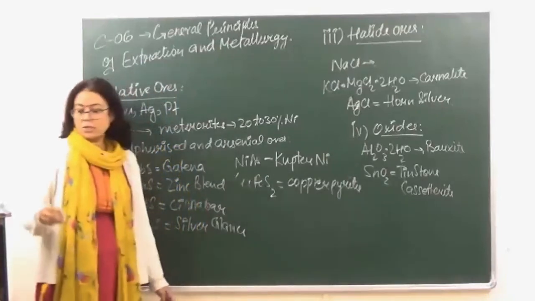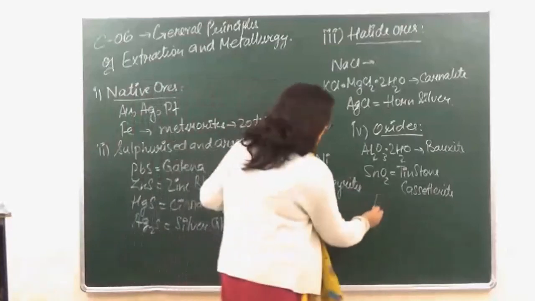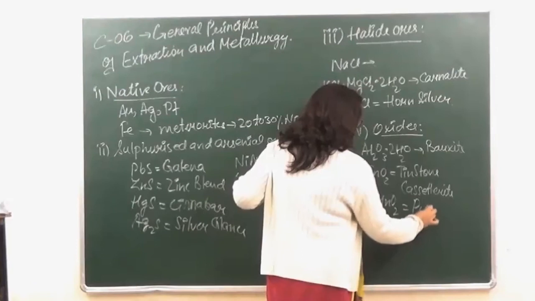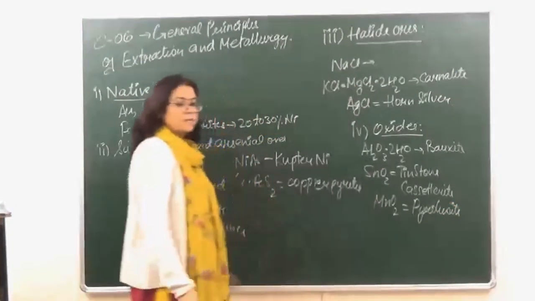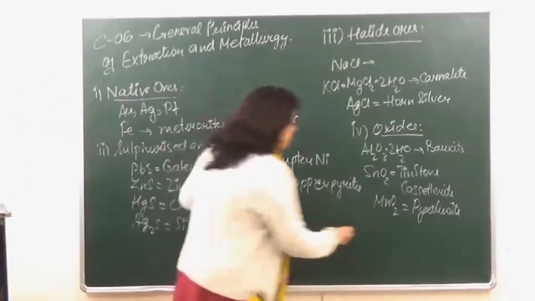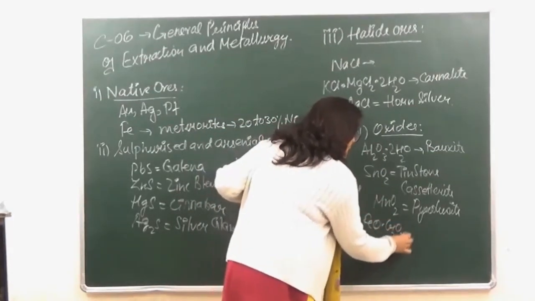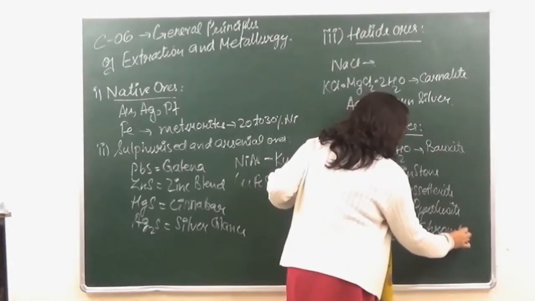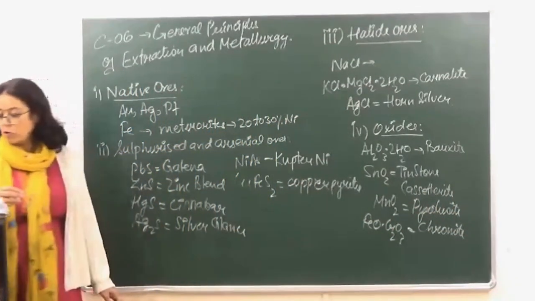Then we have MnO2, which is known as pyrolusite. Then we have a mixture of FeO and Cr2O3, which is known as chromite, this is a chromite ore.